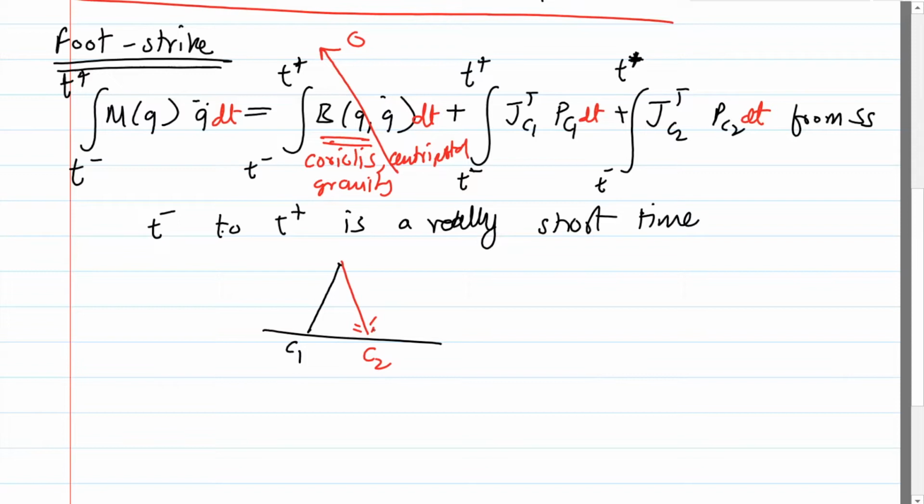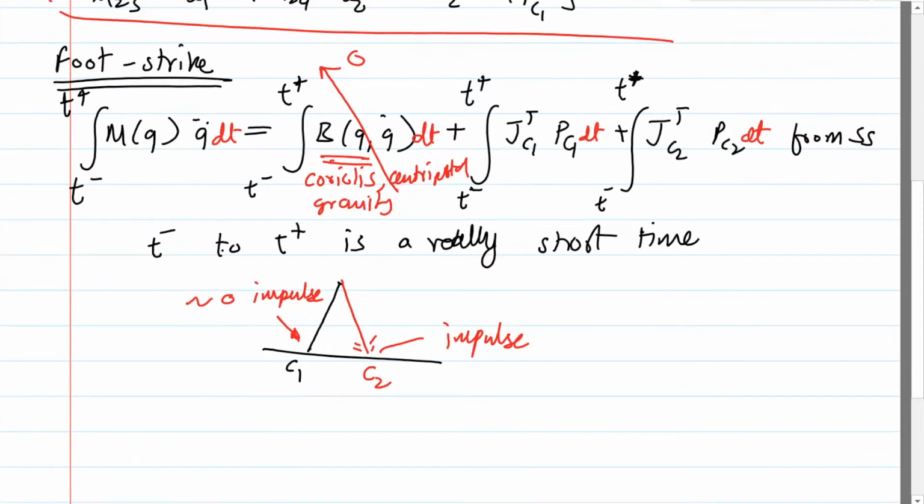We make an assumption here that when the front foot hits the ground, there's a large impulse on the leading foot, and almost zero impulse on the rear leg, because that foot is going to be lifted up.